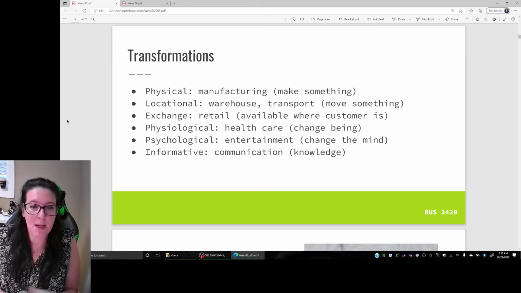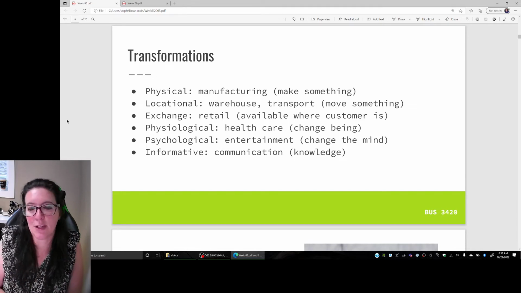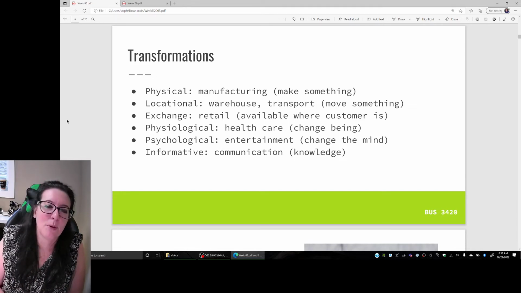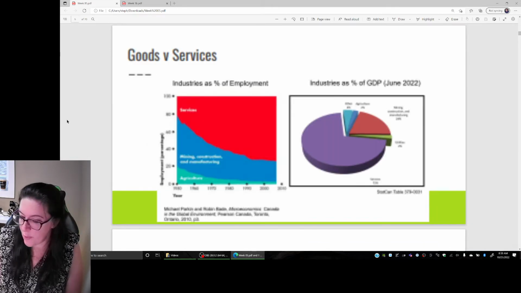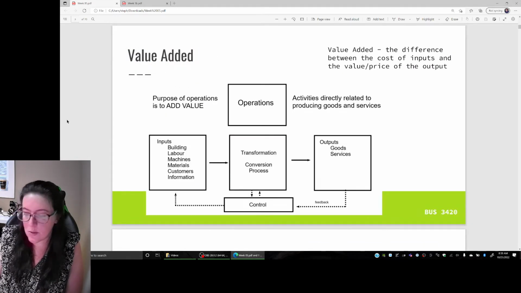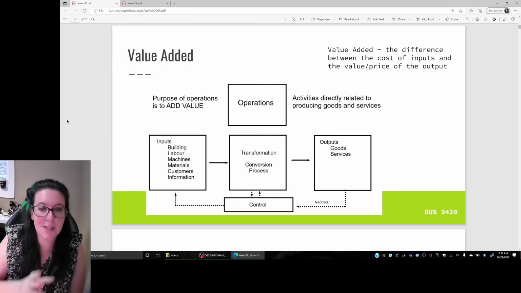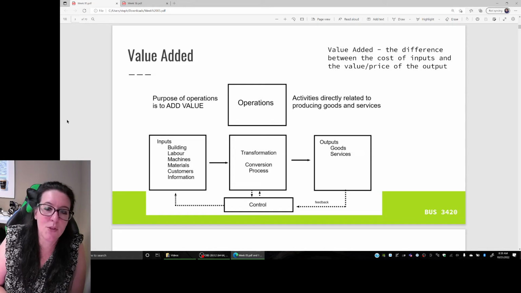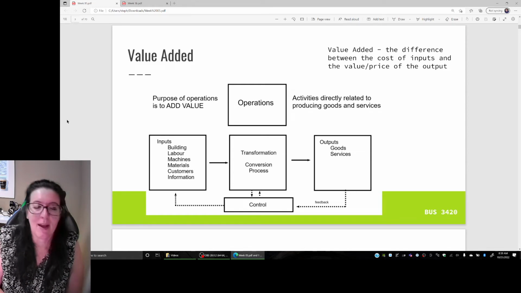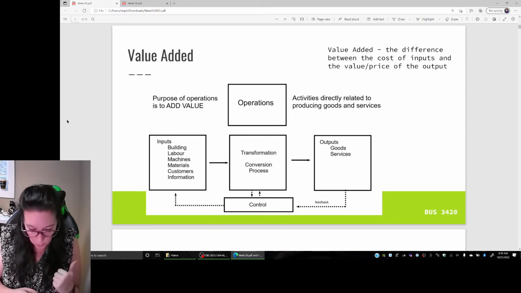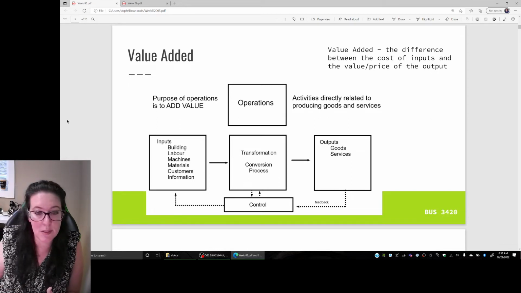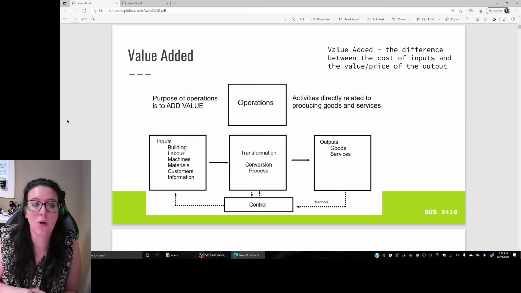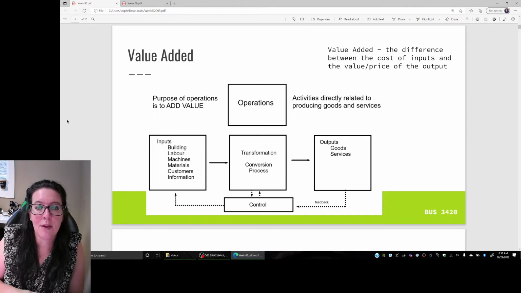This would be a newspaper, a radio station, or a blog that provides information. So in all of these different methods, we are going from inputs to outputs. We're adding value by doing something, making something, so the customer doesn't have to. Now, when it comes to those outputs, you can have goods like the can of Coke, or you can have services like the haircut.